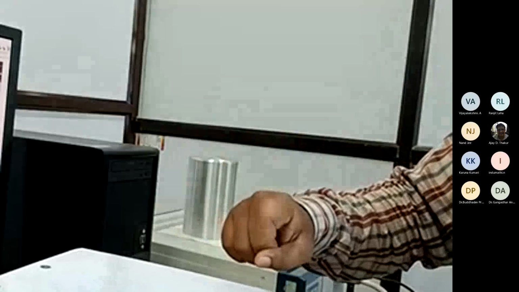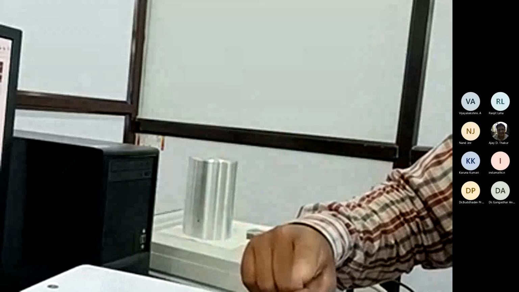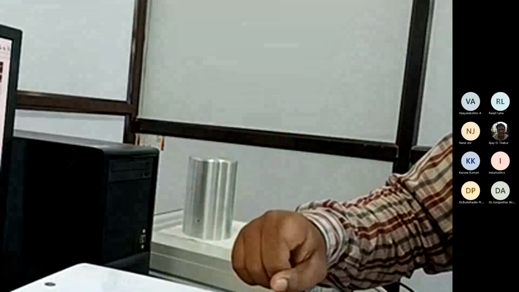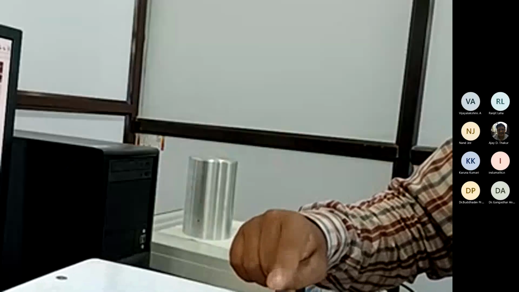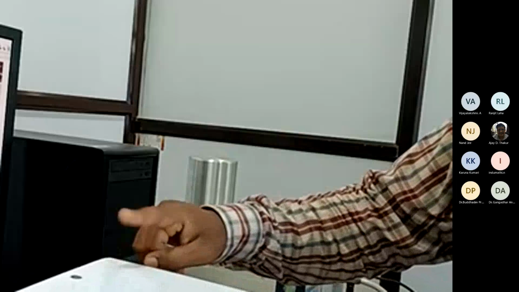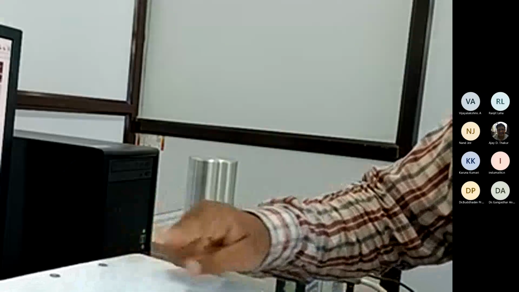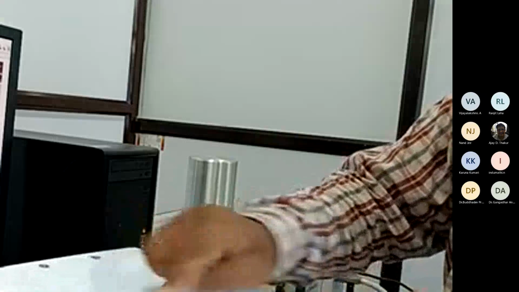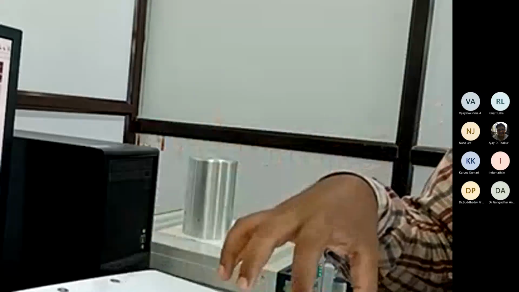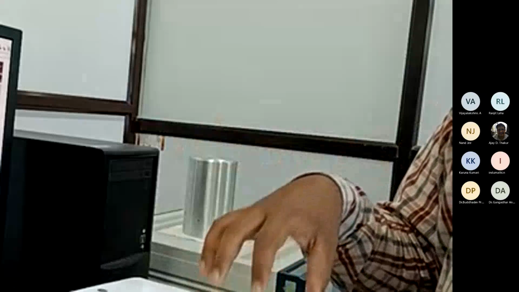Just observe my finger. This is the cantilever. It oscillates at a fixed frequency and does the raster scanning like this. So in this way, it cannot damage the soft material.